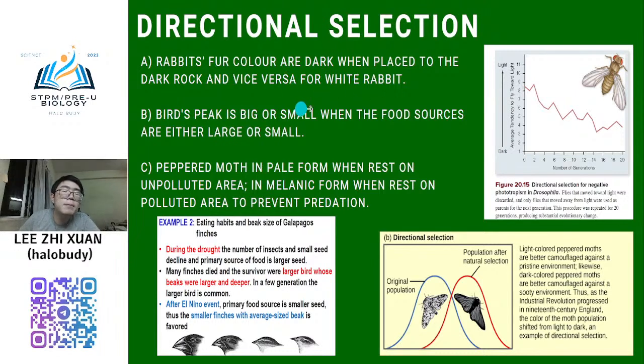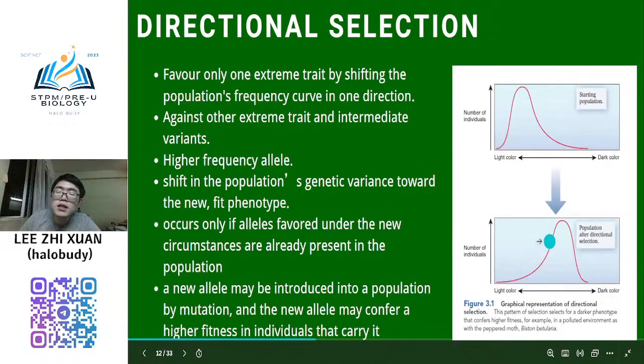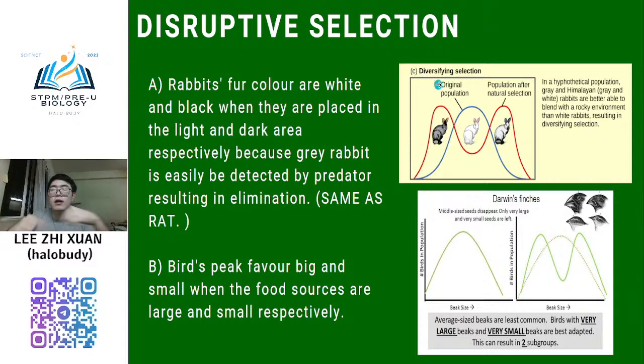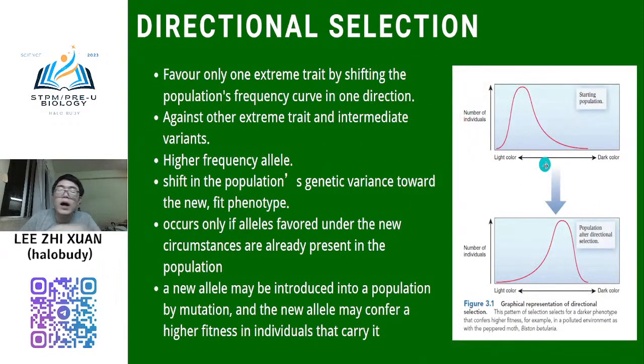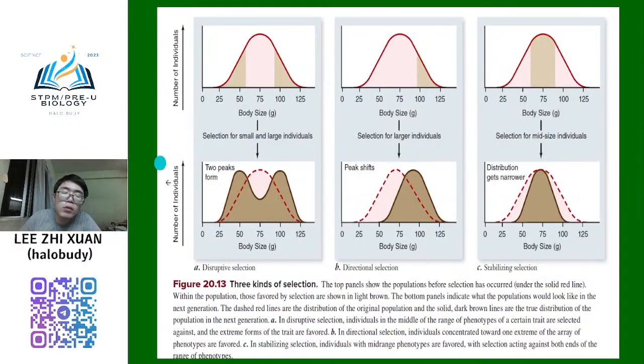And also bird beaks, and the peppered moth. So normally this one looks similar to this, but this one goes toward both extremes, and this one only goes toward one direction. Hanya satu je. Okay.